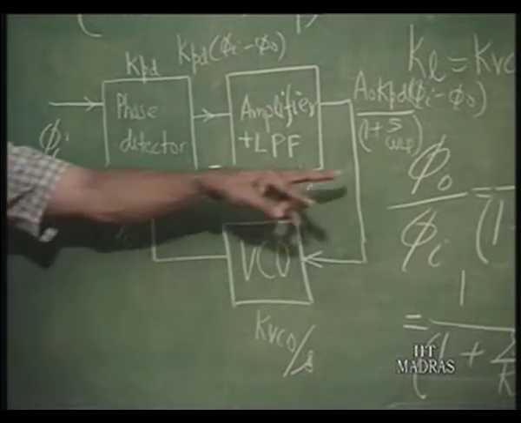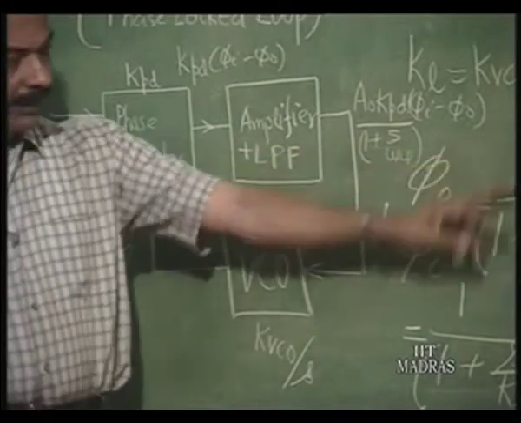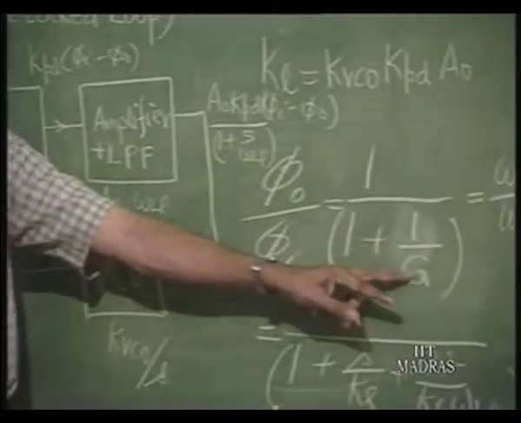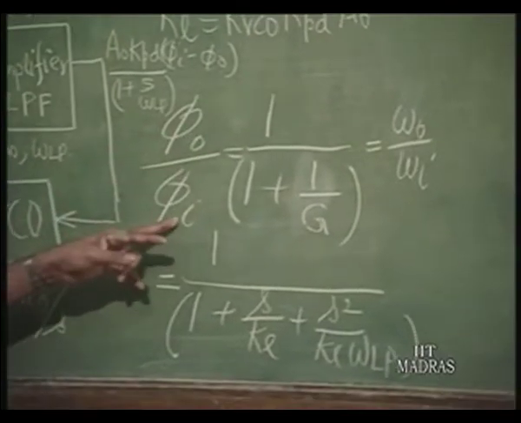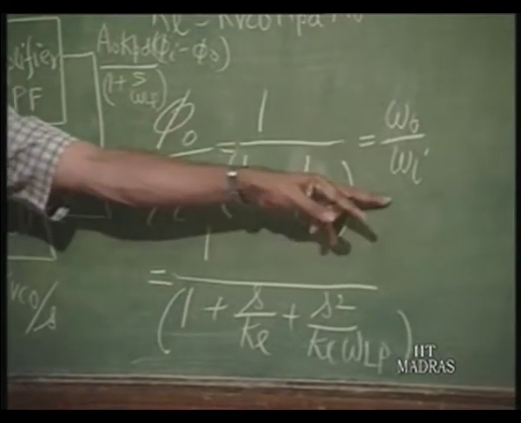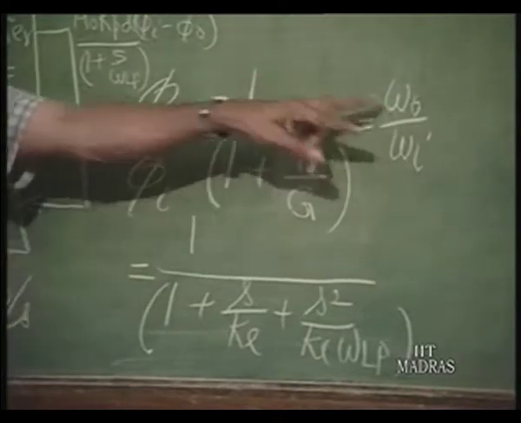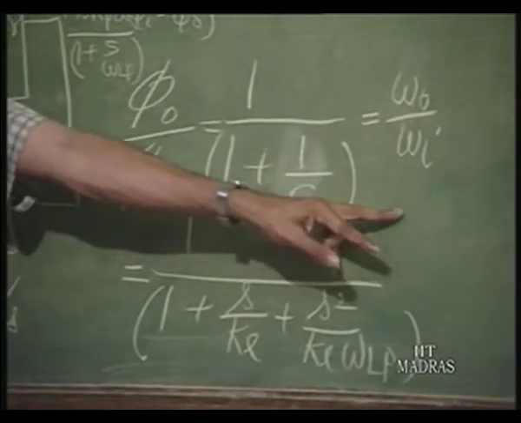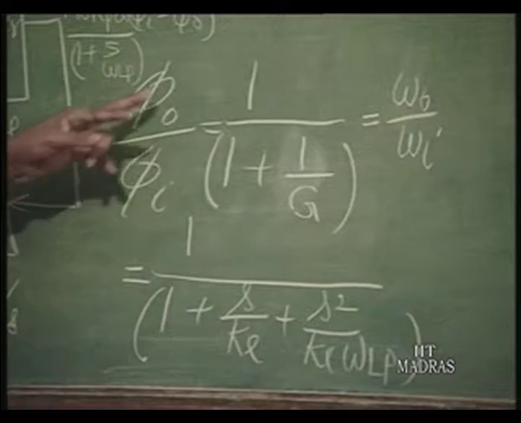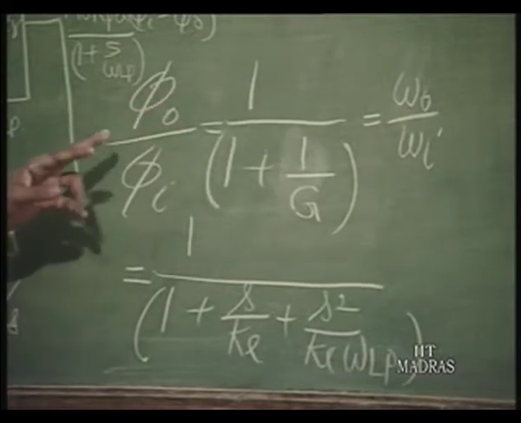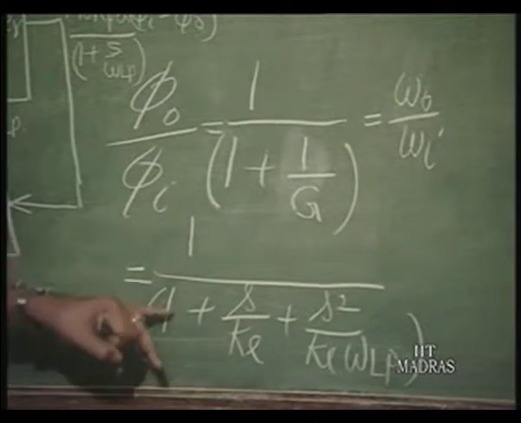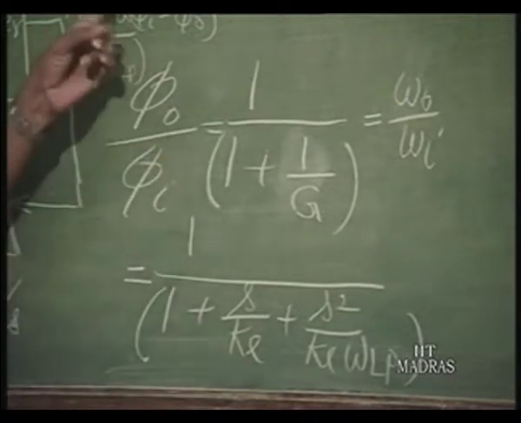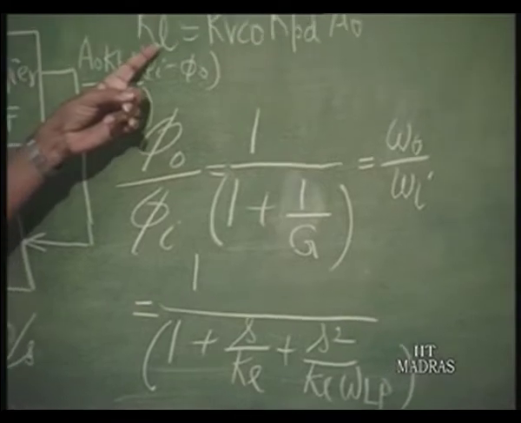From that we got phi naught by phi I is 1 by 1 plus 1 over G, where G is the loop gain, and phi naught by phi I is the same as omega naught by omega I. If it is a phase follower, it is also a frequency follower, because of the linear relationship between phi naught and omega naught.